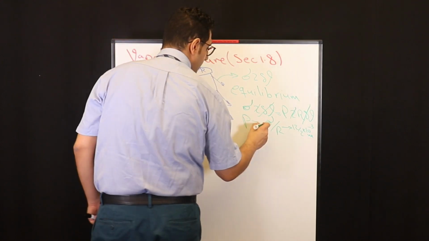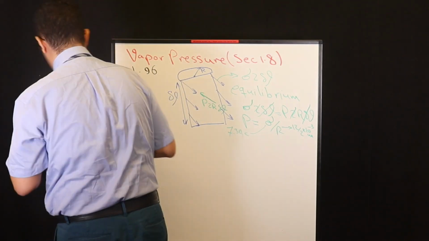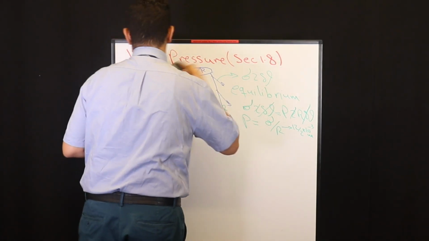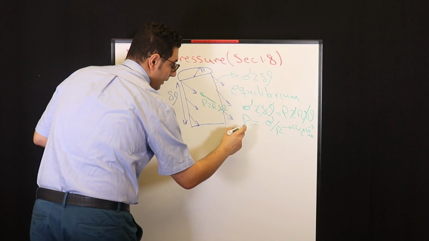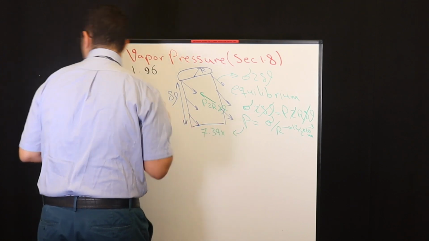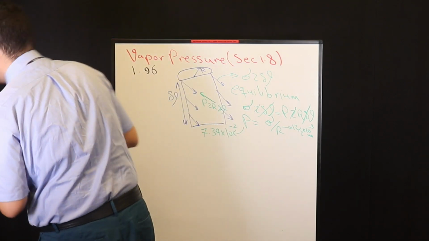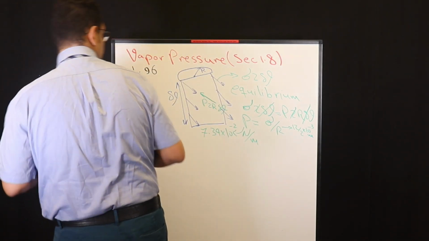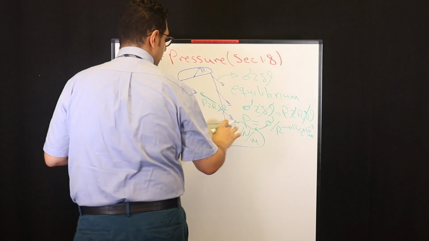And the sigma is said to be 7.34 multiplied by 10 to the power minus 2 Newton per meter, which is sigma.